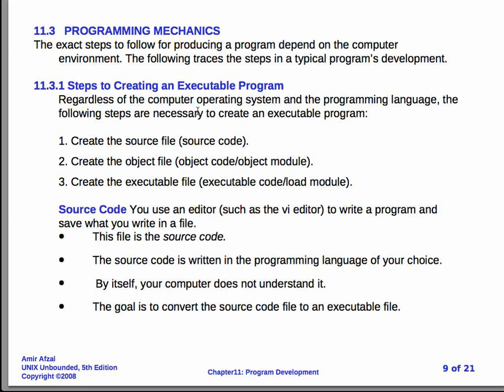Regardless of the operating system and programming language, the following steps are necessary to create an executable program. Create the source file or source code. This would be the .c program, xyz.c, a C source code program. And that's what you want to use VI for. Once you use VI to create the source file, you'll use tools to compile that down into object code.